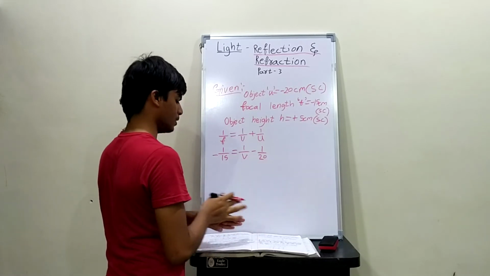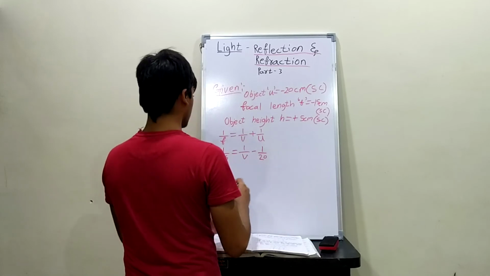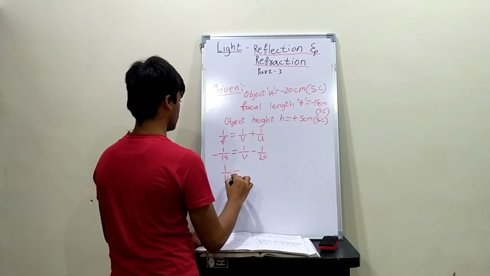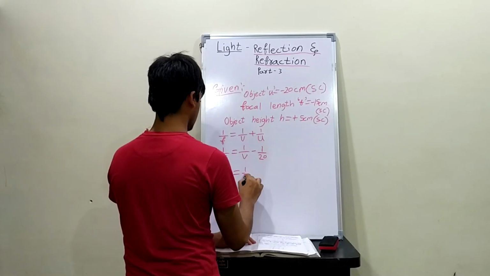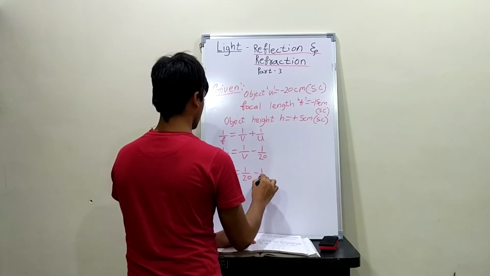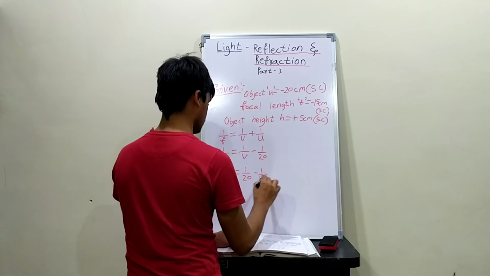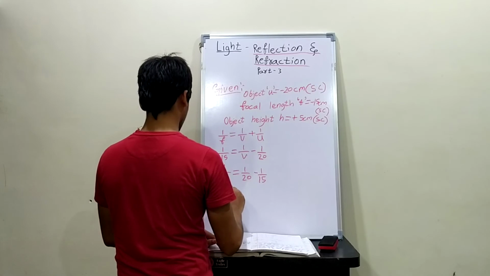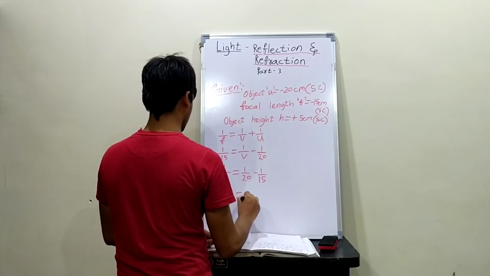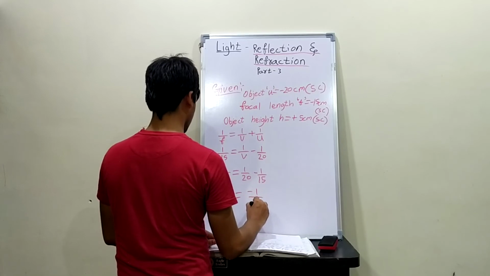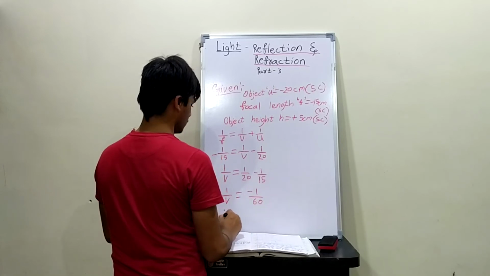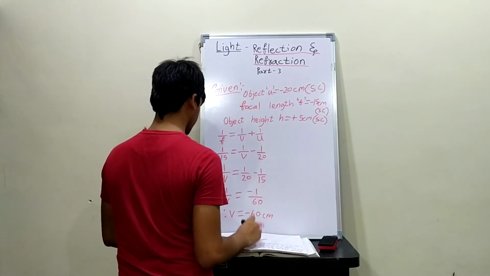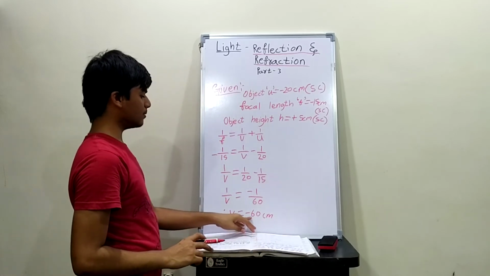Now let's calculate the image distance. So we got the image distance as minus 60 centimeter.